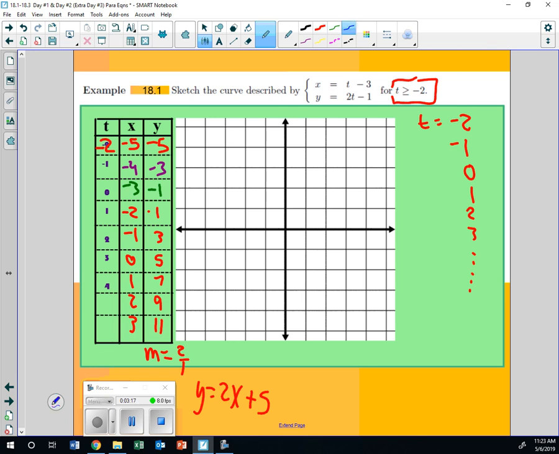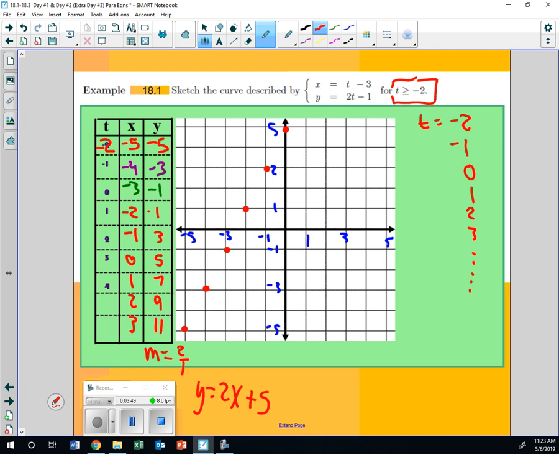So I'm going to put in -1, -3, -5, -1, 3, -5, 1, 2, 3, 4, 5, 2, 3, 4, 5. And when I plot these, I get -5, 5, -4, -3, -3, -1, -2, 1, and 5, 0.